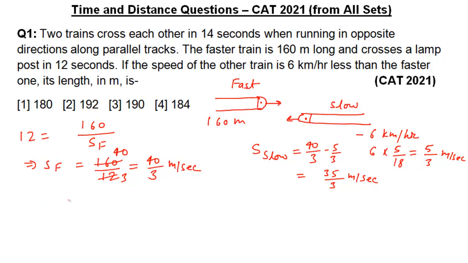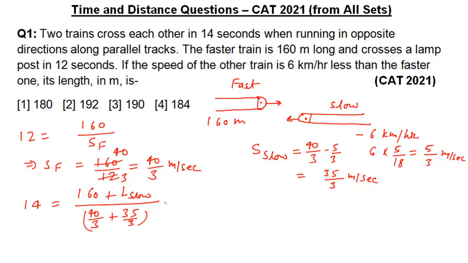So when they are crossing each other, we can write this equation: 14 seconds is equal to the length of the faster train, which is 160, plus the length of the slower train, because they are crossing each other, and that has to be divided by the relative speed. Since they are approaching each other, it should be added. So I am adding here 40 by 3, the speed of the faster one, plus 35 by 3.